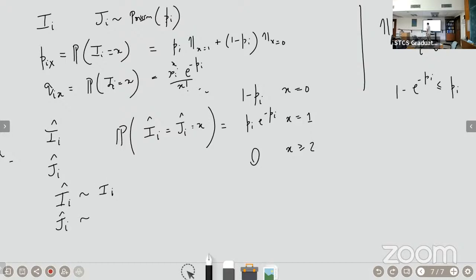If I take summations of this, x hat will be the summation of I hat, and so it has the same distribution as x. Similarly, I can sum these J hats, which is nothing but y hat. That much is ensured.